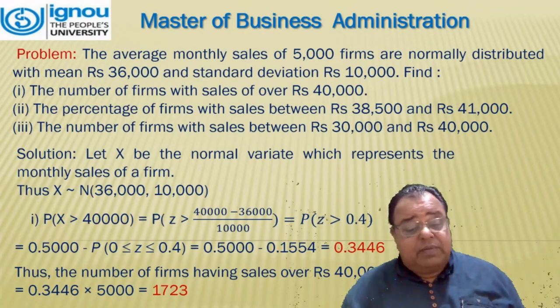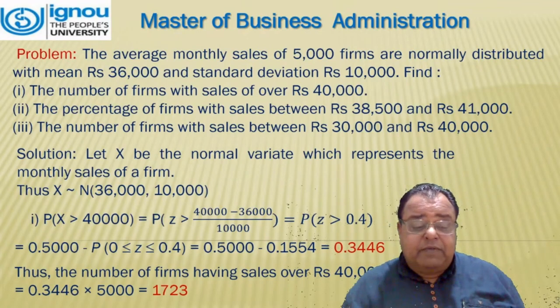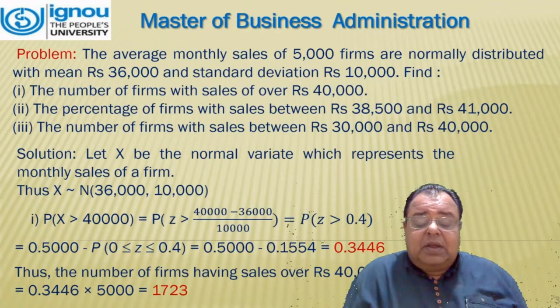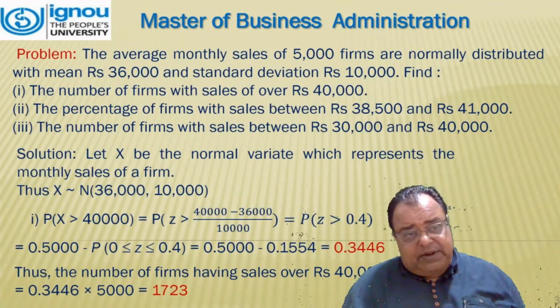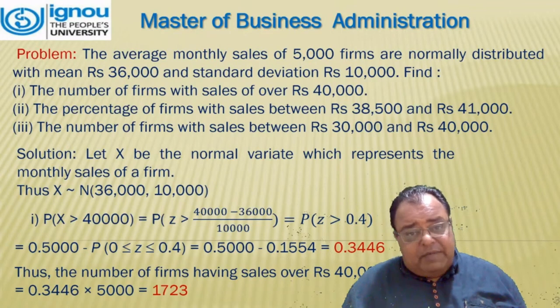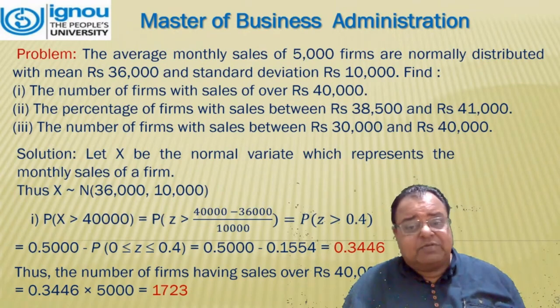That means we have to multiply the probability we have calculated by 5,000. That means we get 1,723. Your answer basically is 1723. That means from a sample of 5,000 firms, 1,723 firms are having sales over 40,000.